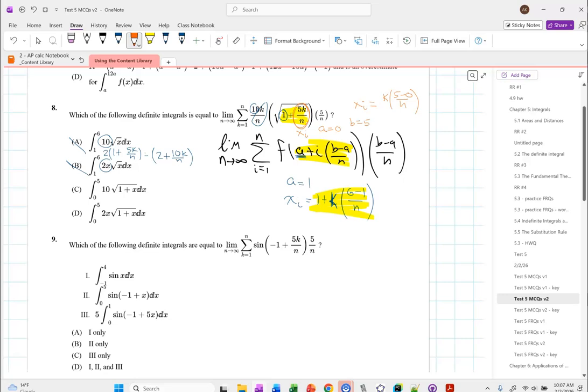So that looks good there, right? That's going to get us the 10k over n. That guy is just going to be 5k over n. So the 1 plus, right? And then my dx is my delta x, which should just be 5 over n. Looks like it's going to be that.